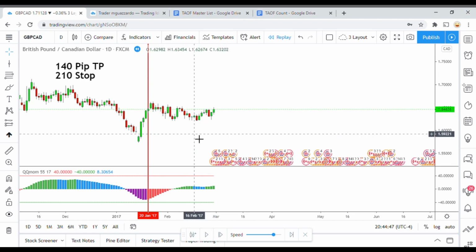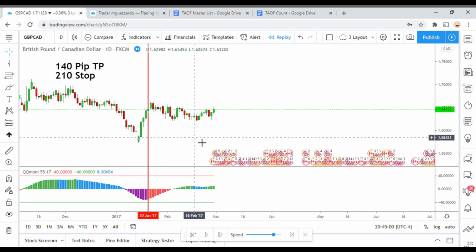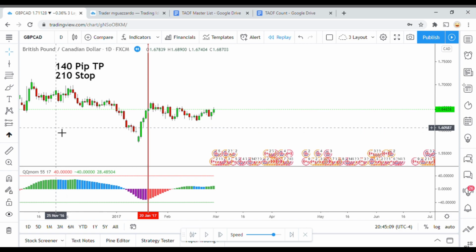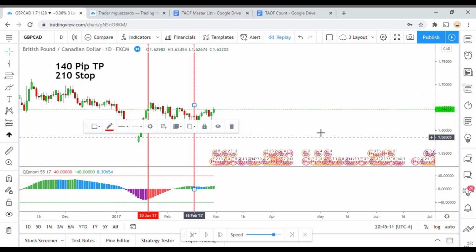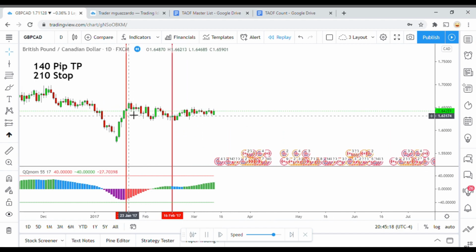All right, so I have another signal here. This one will be a short signal. Did I call that one a long signal over here? Seemed like for some reason I called it a short, but it was long, nonetheless. Okay, so we're on to a short signal here. And unfortunately, it looks like this one also stopped us out without hitting our take profit.